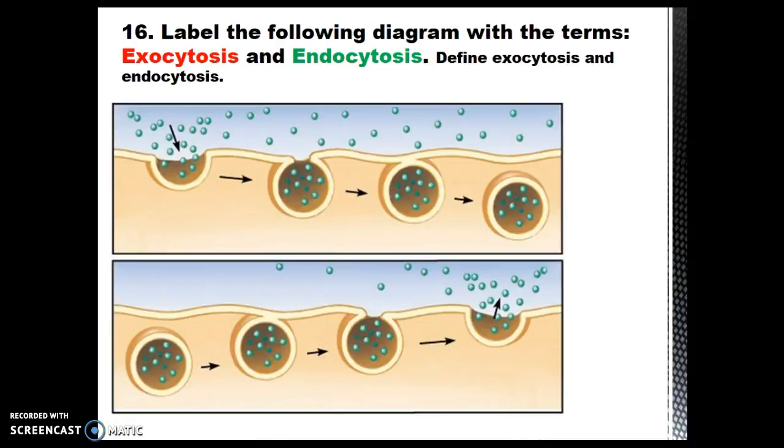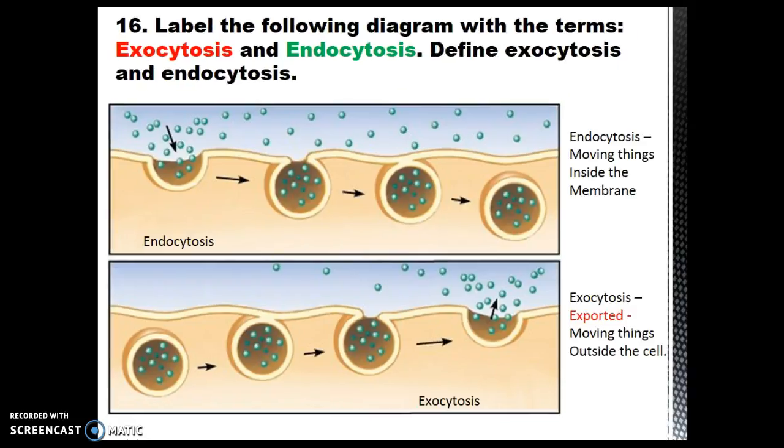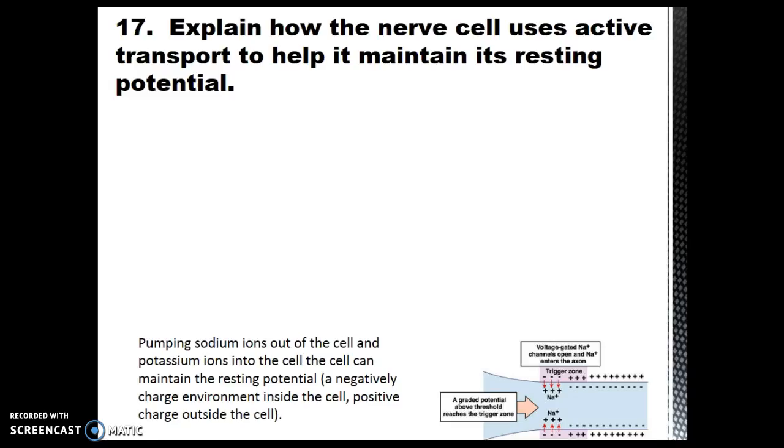Number 16, label the following diagram with the terms exocytosis and endocytosis. Define exo and endocytosis. Here are your answers. Explain how the nerve cell uses active transport to help maintain its resting potential.